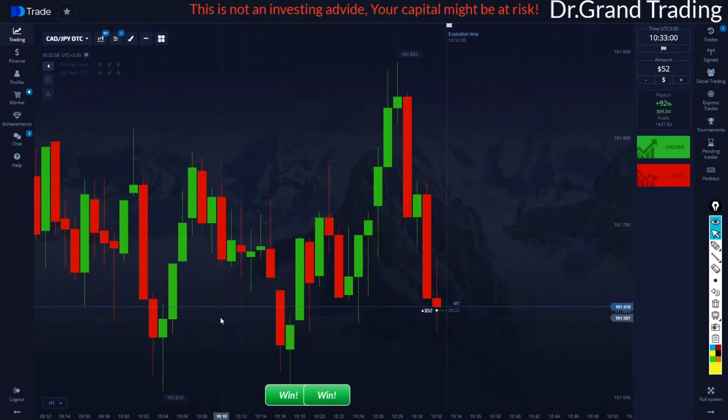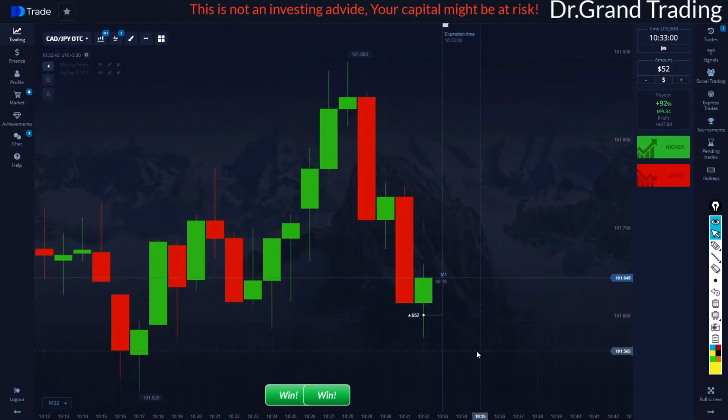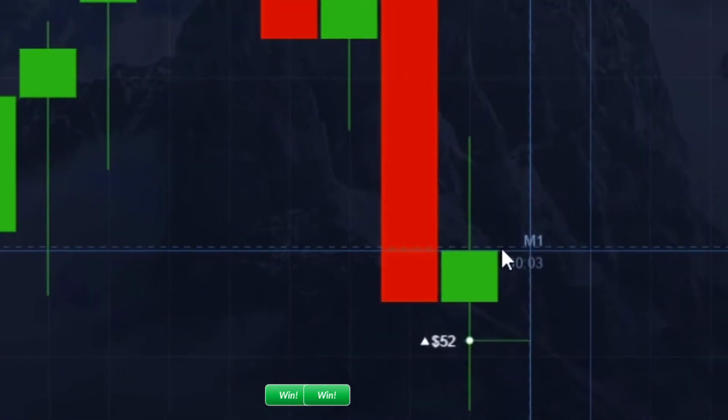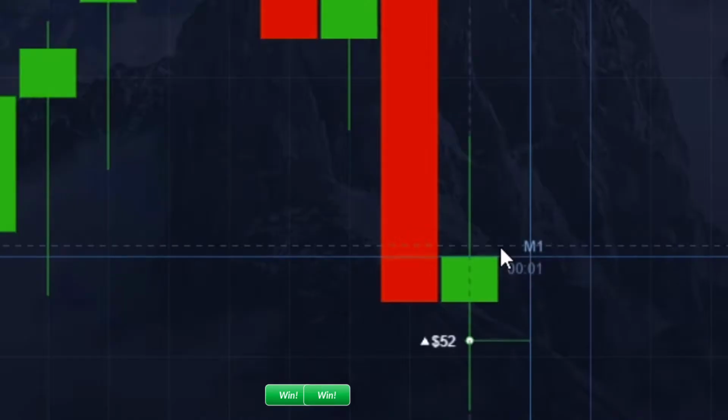Let's see. This is again an outside bar, but this time price has bounced up from this level. So we see the nice rejections, but again, buyers might enter for the next candle.